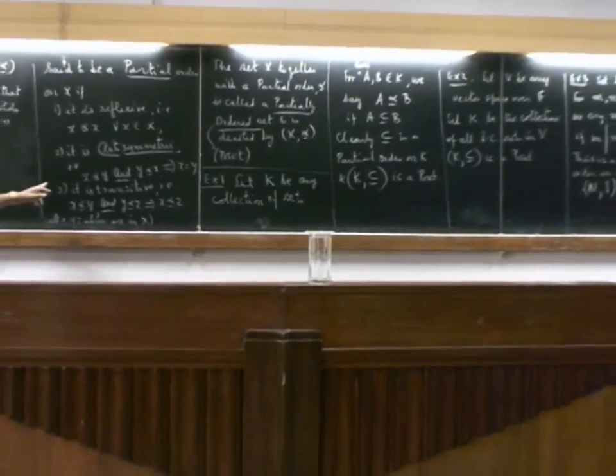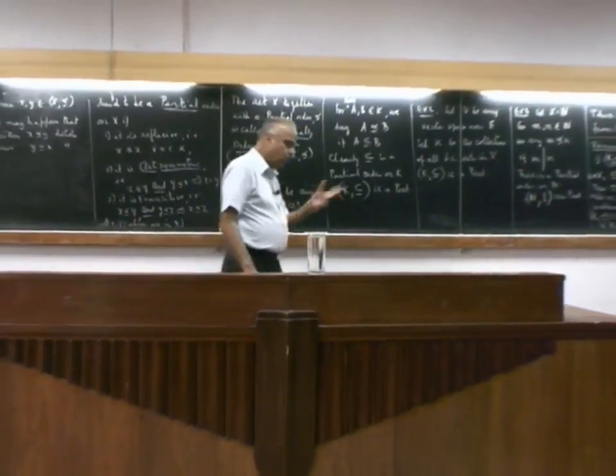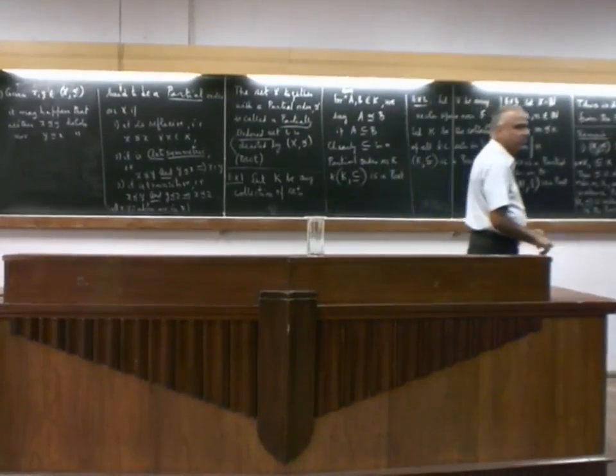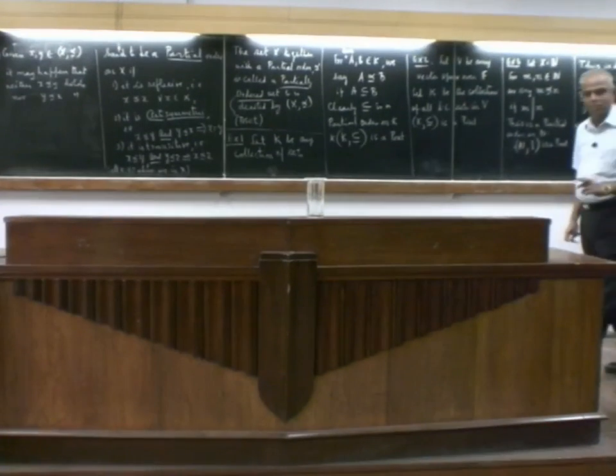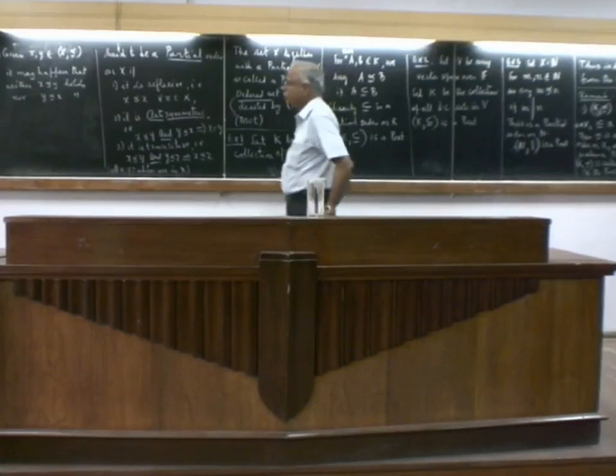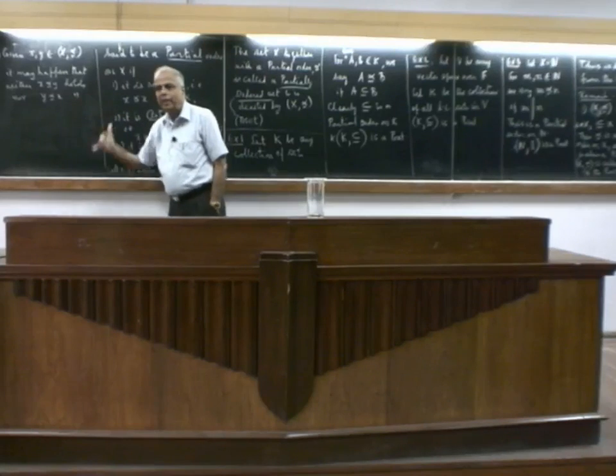So, antisymmetry really says a both-way relationship is not possible, and both need not be true, but one way may happen.